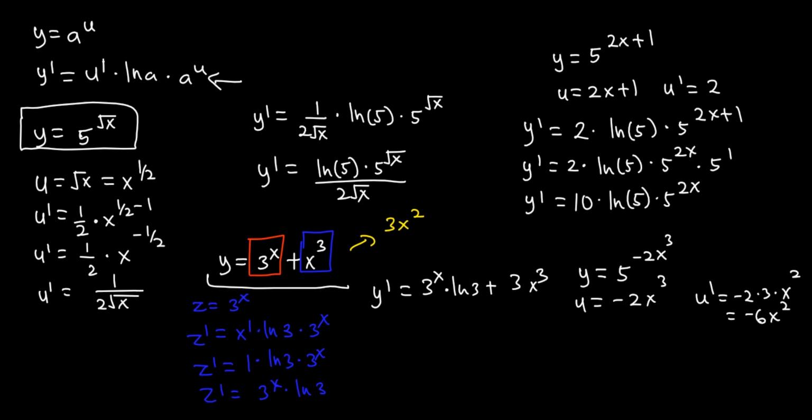Let's substitute this into the general formula. We're going to have y prime equal to u prime, which is minus 6x squared, times ln of a, and you have a to be 5 again here, and then times a to the power u, that will be times 5 to the power minus 2x cubed.